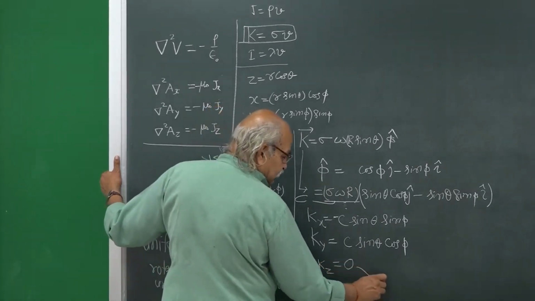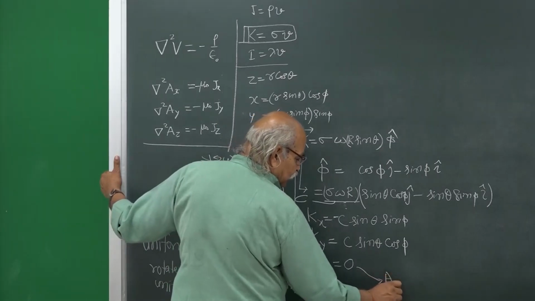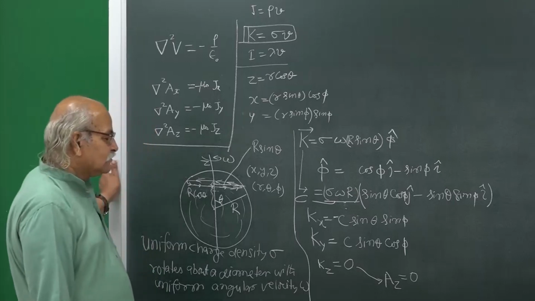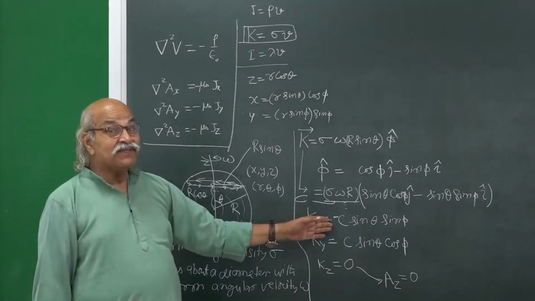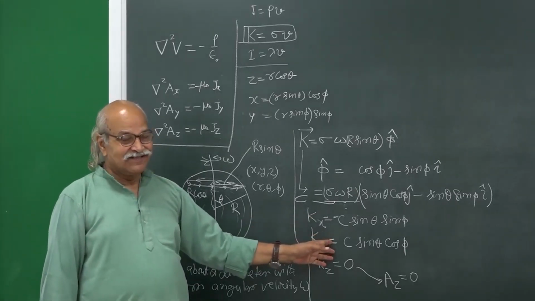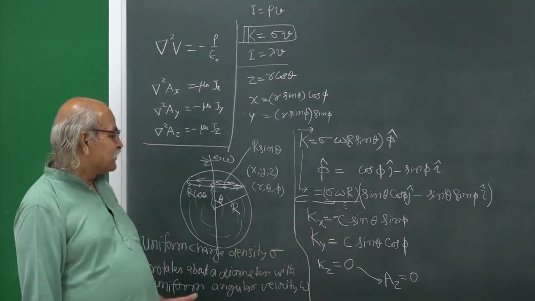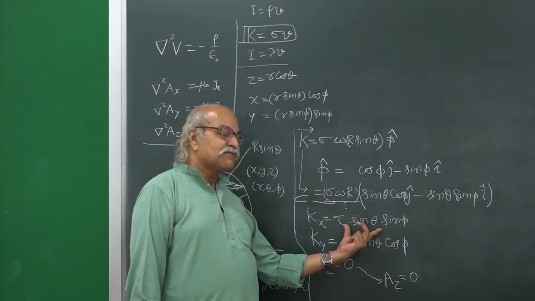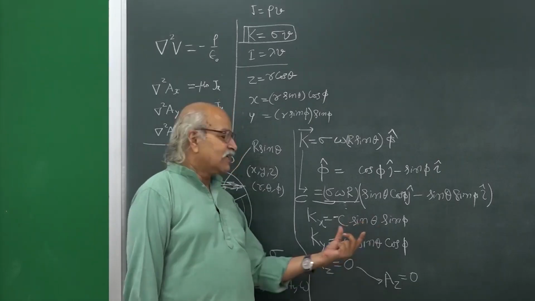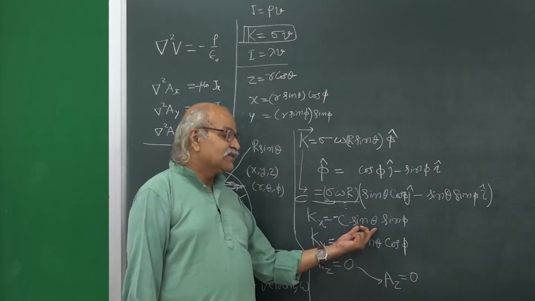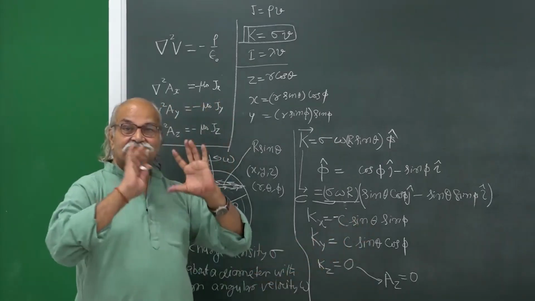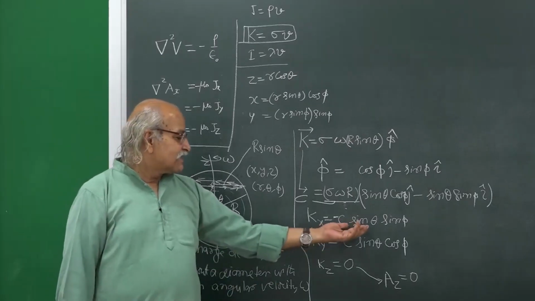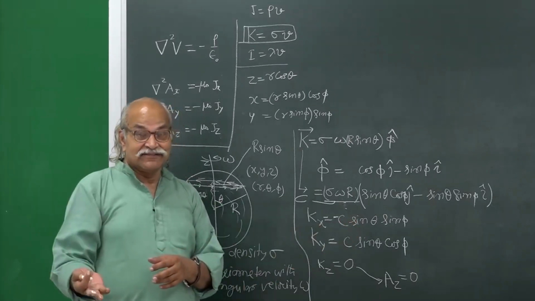So, this immediately tells me the z component of the vector potential is also 0. To get the x component and y component, the idea will be to treat this as a charge density, a surface charge density, while this is the surface current. So, this is a surface charge density on the surface of this sphere, and if this is the charge density, what will be the electric potential?